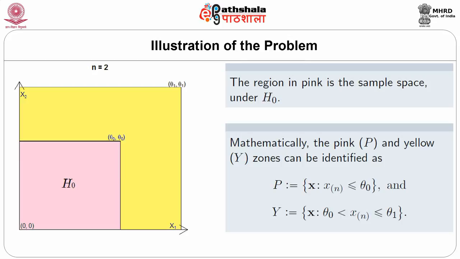P, so maximum of X1, X2, Xn, you can call it X order n, is less than or equal to theta naught, and Y, the yellow zone, is maximum of X1, X2, Xn lies between theta naught and theta 1. So the big square, that is P union Y, is the sample space under theta is theta 1.